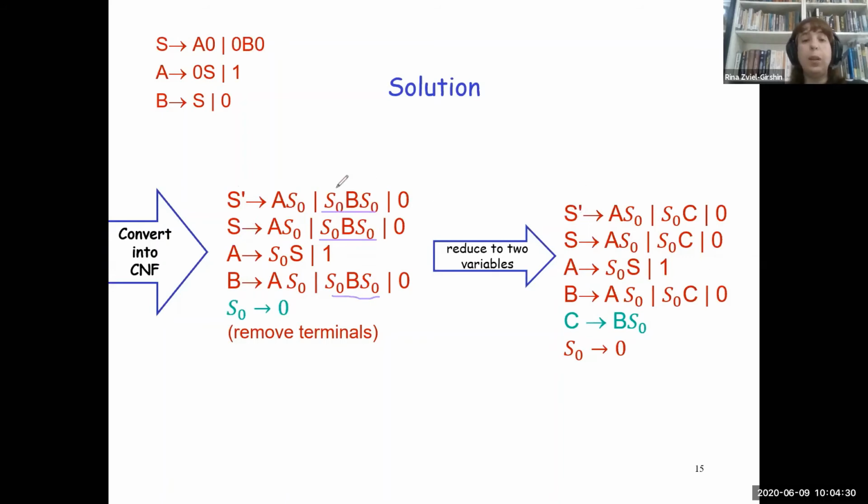S cap will derive S0 and the new variable C, where from the new variable C I will derive the rest of the rule, which will be B as 0. And actually I will use it 3 times since I had the same right-hand side 3 times. And what we have now is the grammar rewritten to Chomsky normal form. That's it. We finished the algorithm.